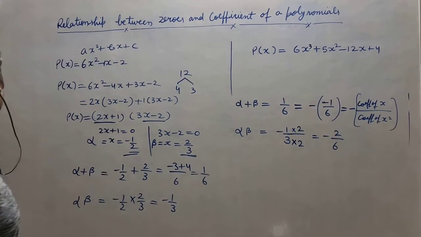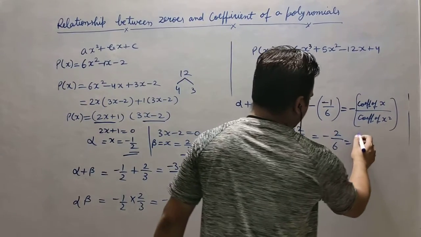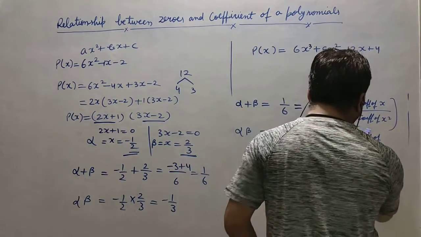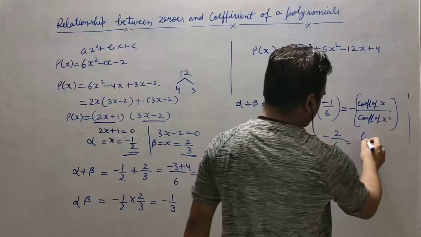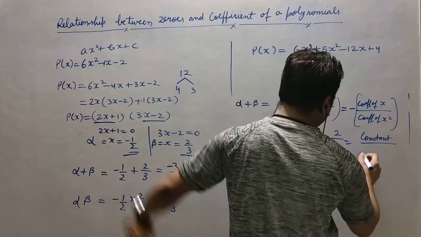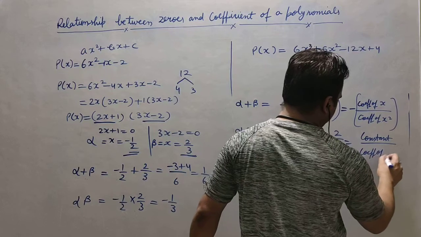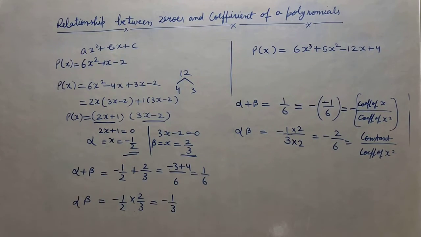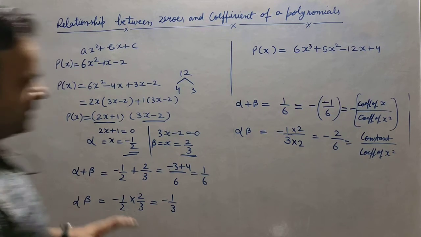Now check, this minus 2 is the constant part, upon the coefficient of x square. Now students may be thinking, is it true for all types of quadratic polynomials? Yes. I have shown you one example, but it is true for all.